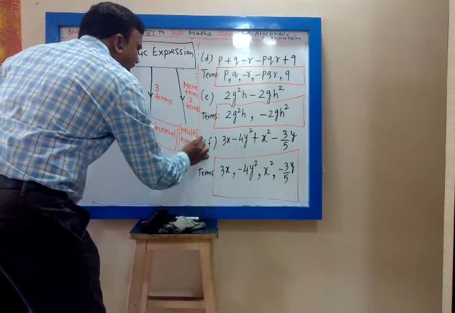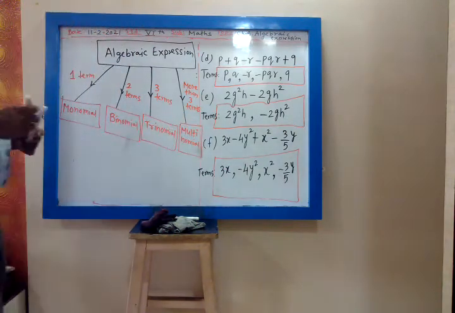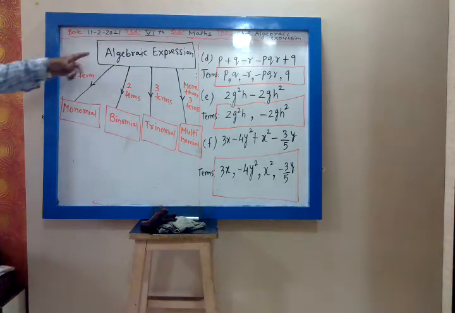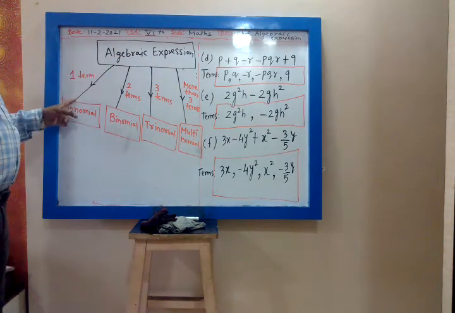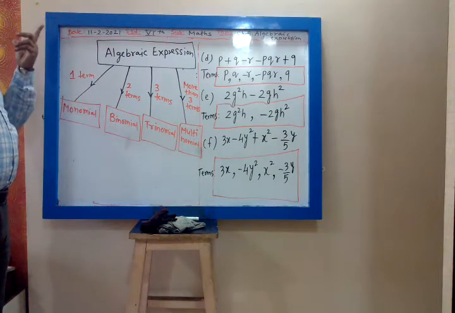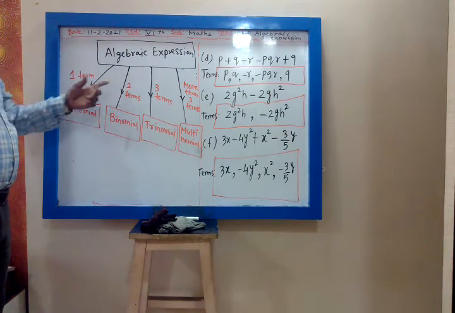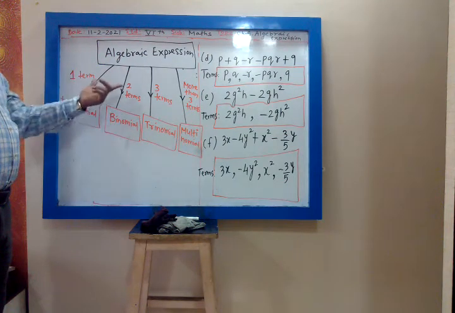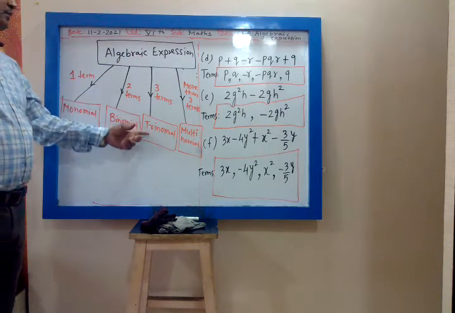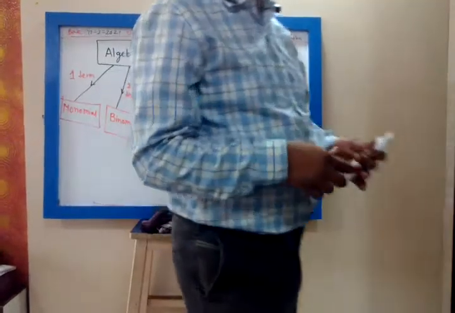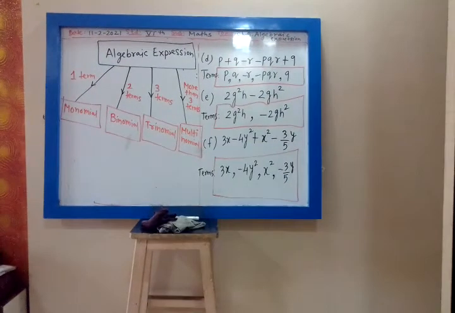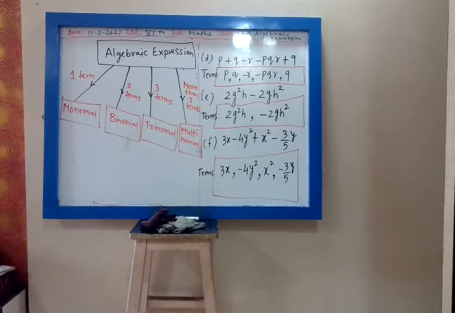If the algebraic expression has one term, it is monomial. Two terms binomial. Three terms trinomial. More than three terms, multinomial.